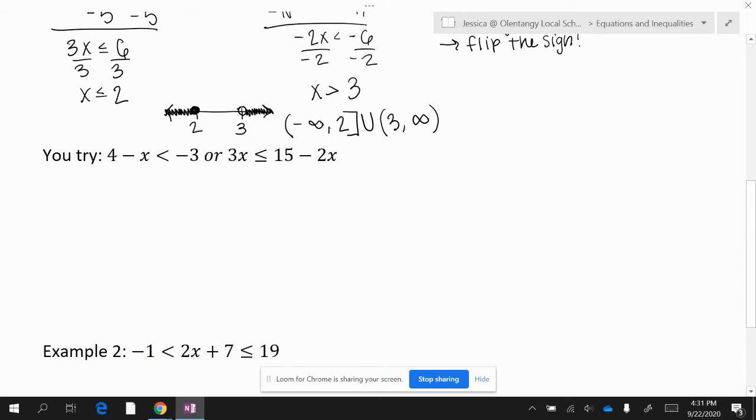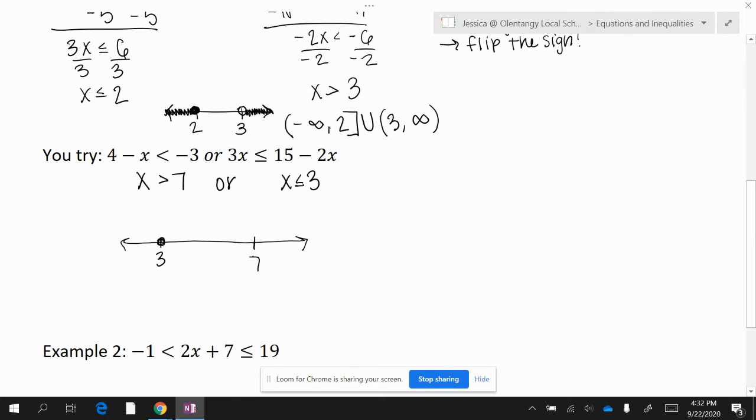Okay, so hopefully you paused the video. And the answer that I got for this problem, x is greater than 7, or x is less than or equal to 3. And when we put this on a number line, remember that we always go in numerical value, so 3 comes first, and then 7.